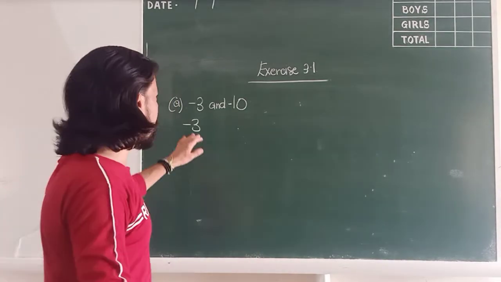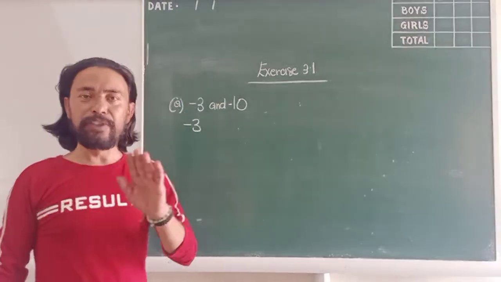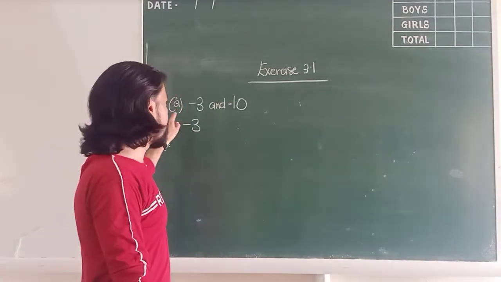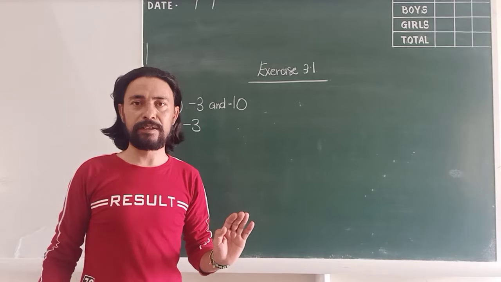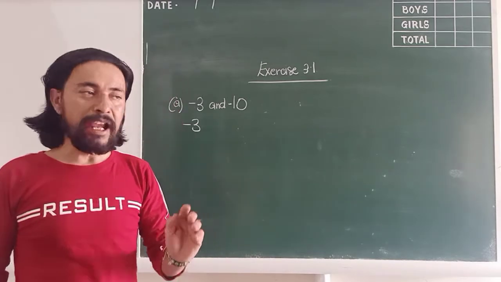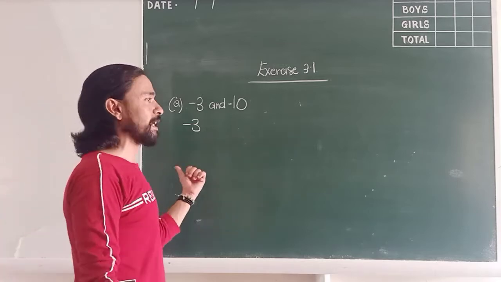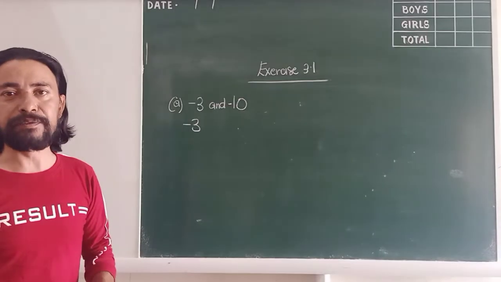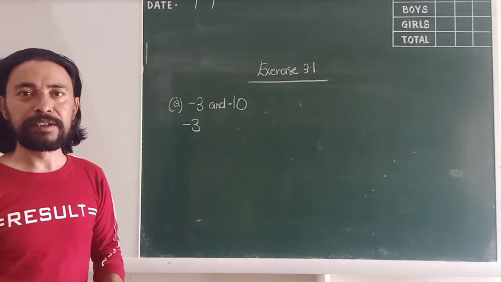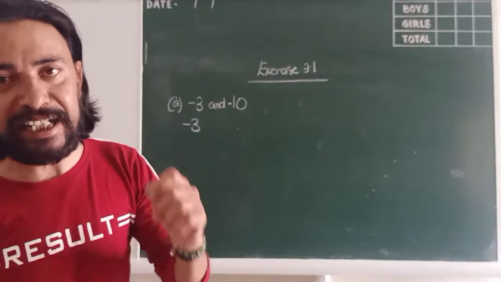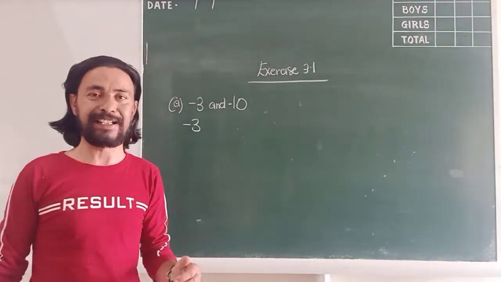Now remember, from -3 to -10 will be all negative integers. So, every integer that I write next should be lesser than the previous integer, because I am going in decreasing order, the value has to decrease.